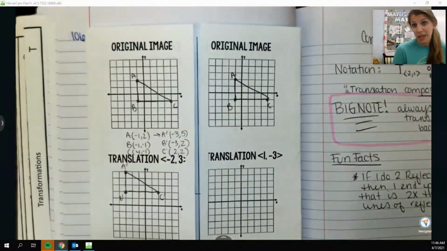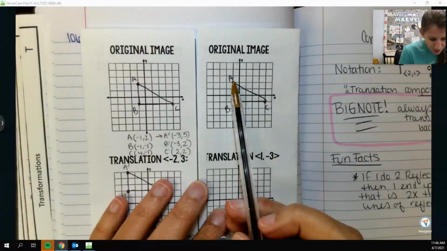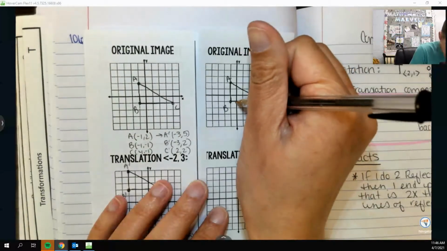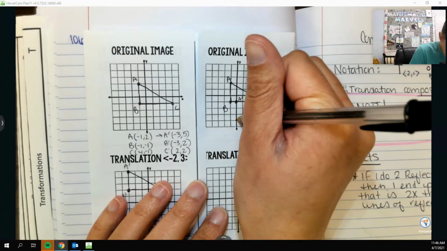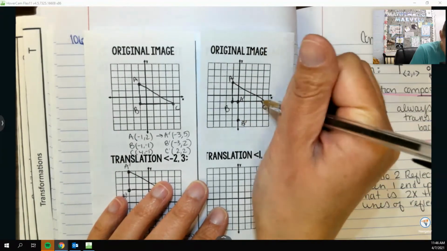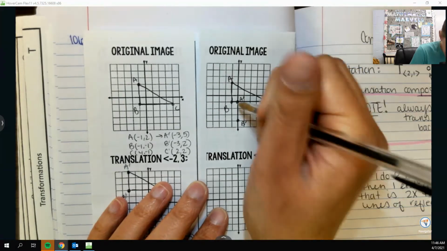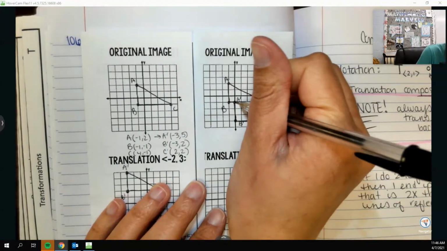So the translation is pretty easy to do. I'm going to take A and go forward 1, down 3. So A prime will be here. Forward 1, down 3 for B prime. And then forward 1, down 3 for C prime. However, then when I get to the reflection, I do write it down.